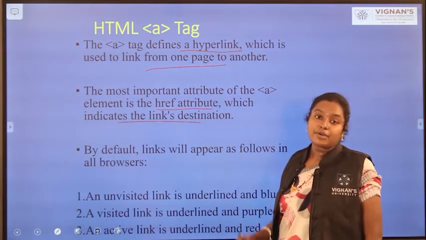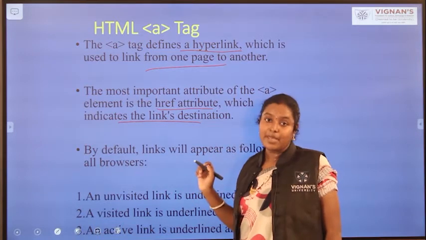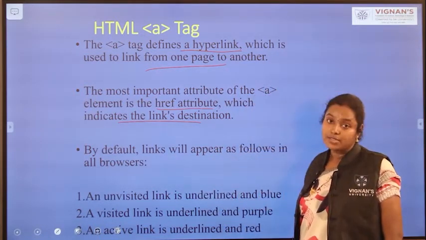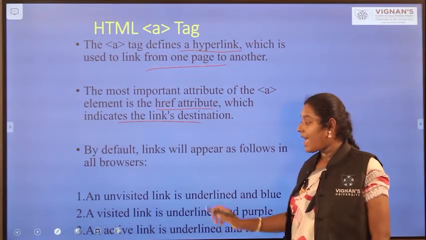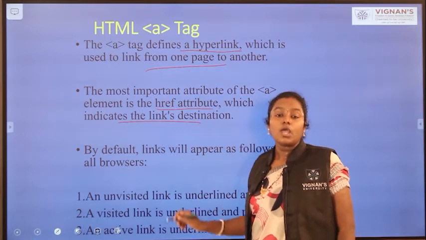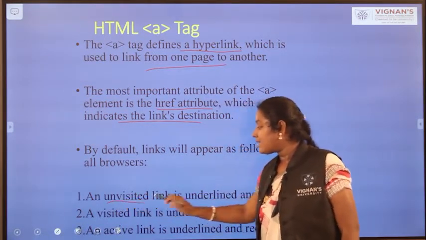Generally, if you open a browser, you may see so many links appear on it. By default links appear as follows in all the browsers. We have three types of links that you will observe whenever you open your browser. The first one is the unvisited link.